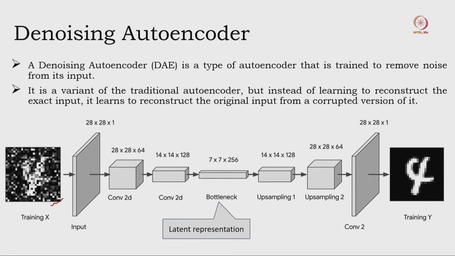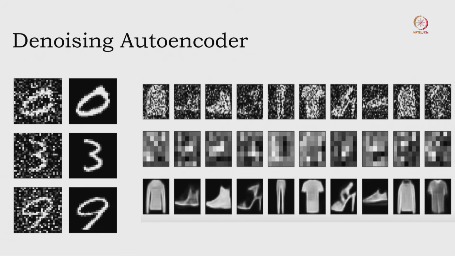Instead of learning to simply reconstruct the input, it learns to reconstruct the original input from the corrupted version. These are the various outputs. We will be seeing this in our hands-on also. We will see that this is a noisy one, and this is the denoised image. So if you have this kind of application, then we will go for denoising autoencoders.